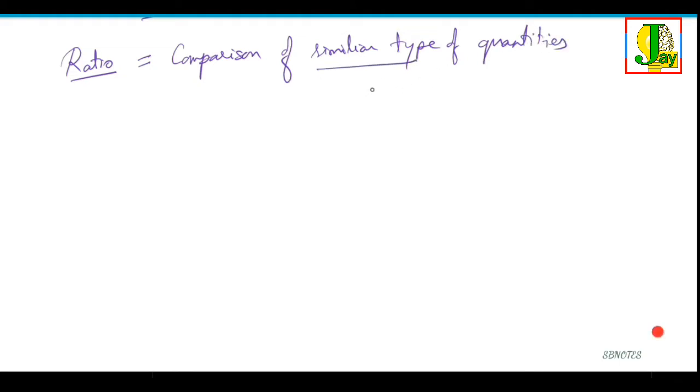Similar type, that means if I say you're going to compare 5 kg to 500 gram, since the units are same, you can cancel them.